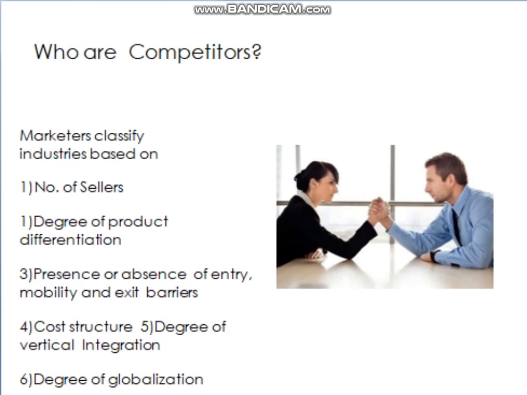And the second one is to find out the degree of product differentiation, whether there is any differentiation between the products produced by other sellers and the product produced by ourselves. Finding out the degree of differentiation among the products is the second way marketers classify industry to identify the competitors.